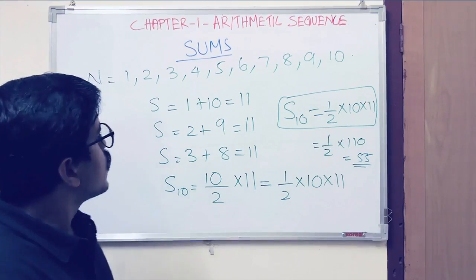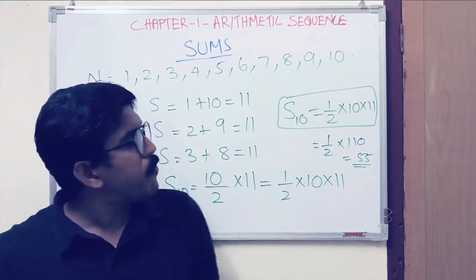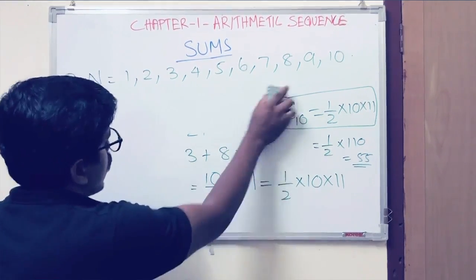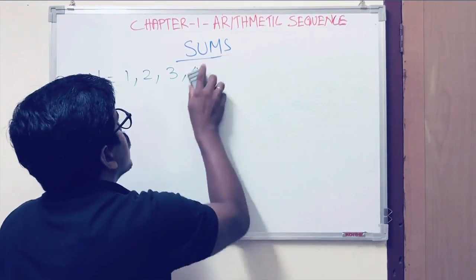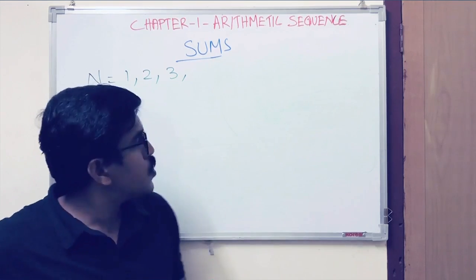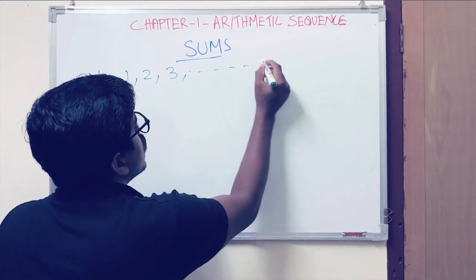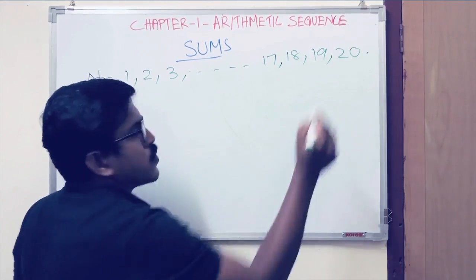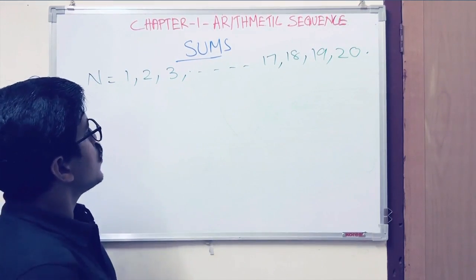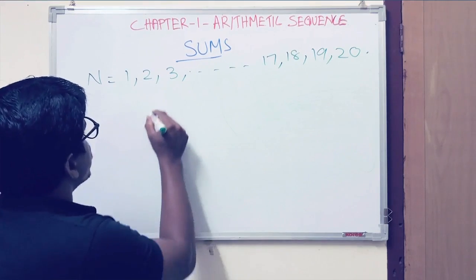Okay, so let us take 20 numbers starting from 1. You can check it: 1, 2, 3, etc., 17, 18, 19, 20. We can use the same method here also.